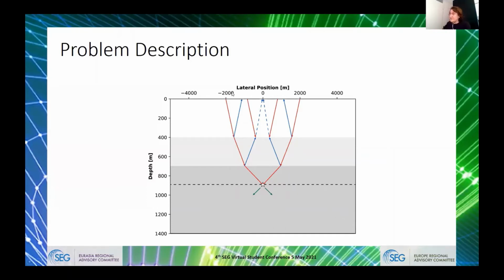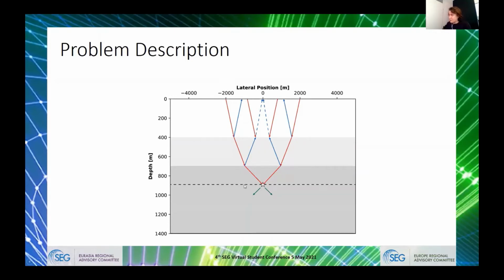Another thing you see is that the wave field that we inject, that's the wave field in red, is generated in such a way that it focuses at this focal point here at the depth, and it doesn't have any other effects from the overburden. Usually you would have reflectors here that would go down again and go up again. But because of the way this focusing function is constructed, we actually eliminate all these reflections by adding additional terms in our focusing function. So that's basically what you see here.